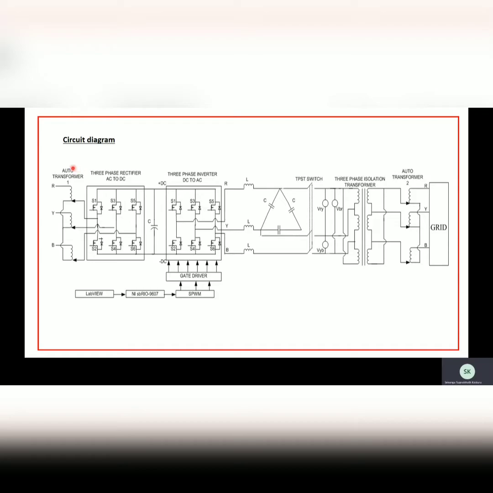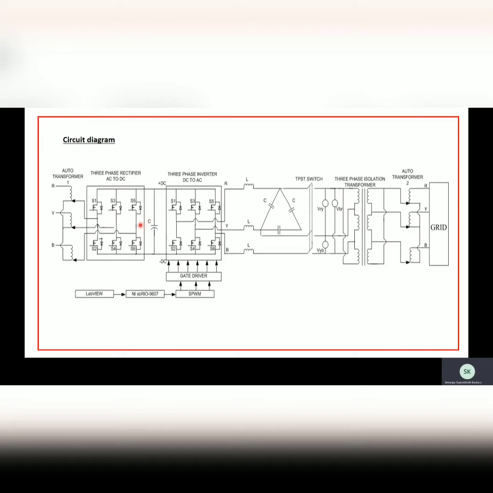On this inverter side, primarily the three-phase supply is given to the auto transformer. This auto transformer regulates the three-phase AC supply to lower values for testing purposes. This regulated AC supply is given to the three-phase rectifier, which converts AC to DC.